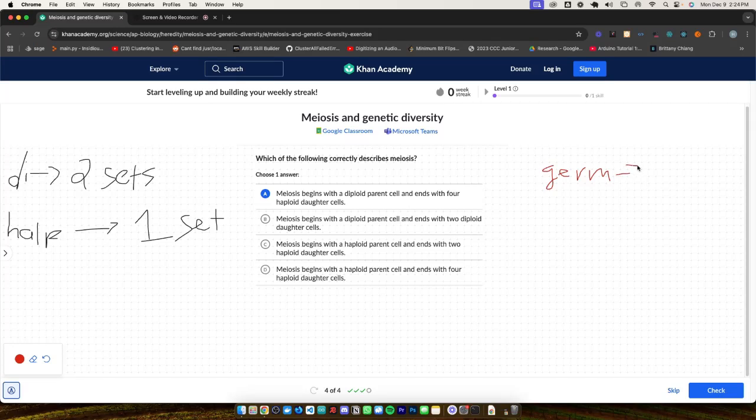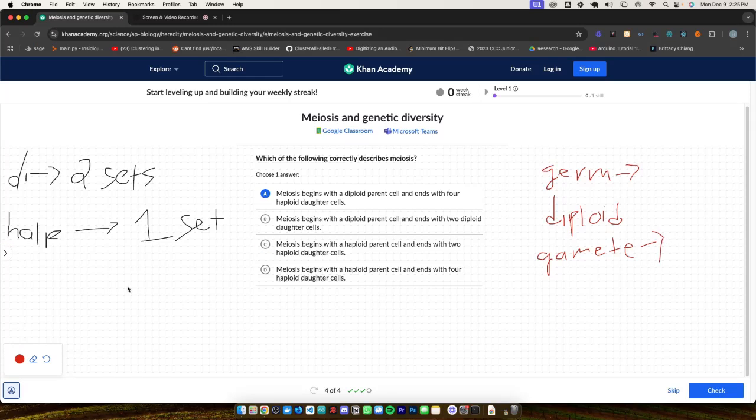It contains two sets of chromosomes from each of your parents, from mom and dad. So a germ cell is diploid. But then, as we know, the gametes are not diploid because they can only contain one set of DNA, one set of chromosomes, because the other set comes from the other parent, right?